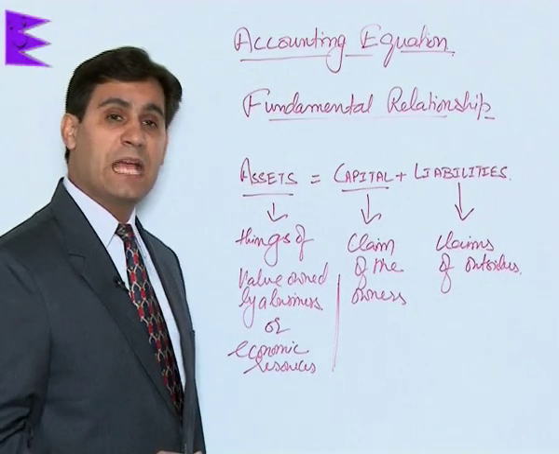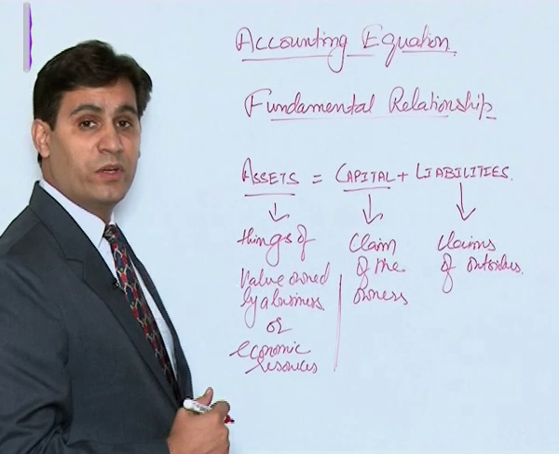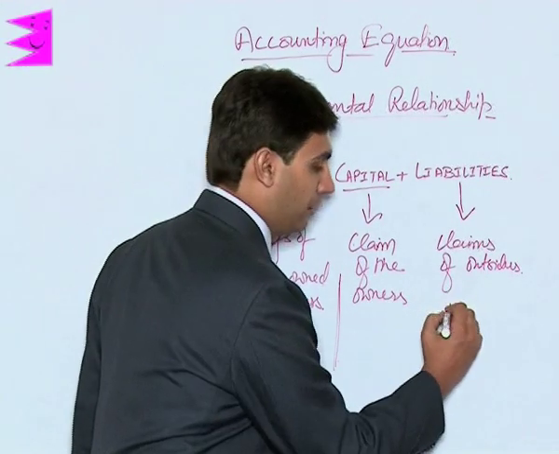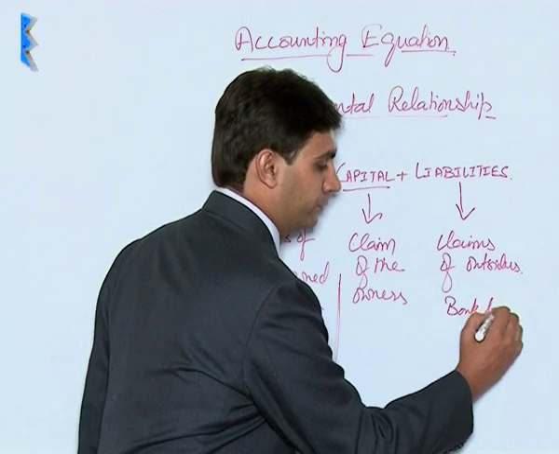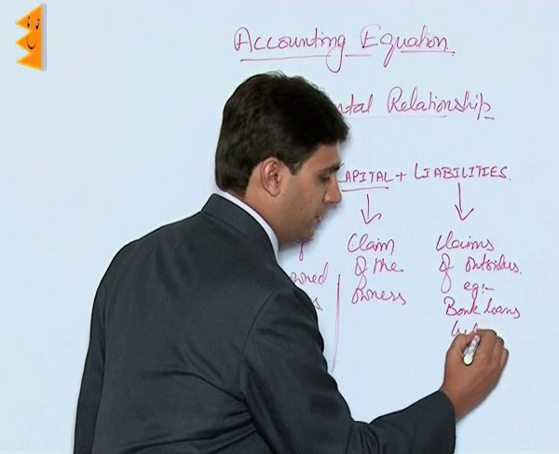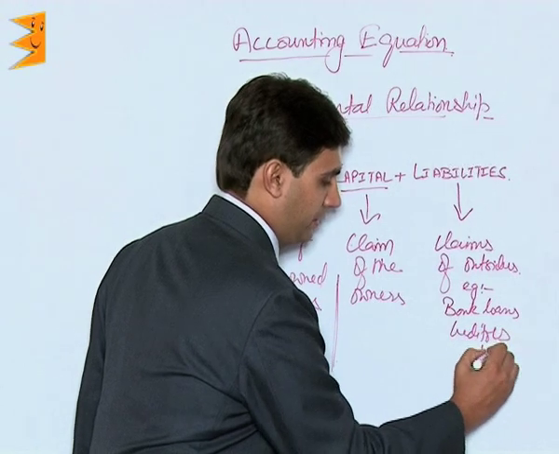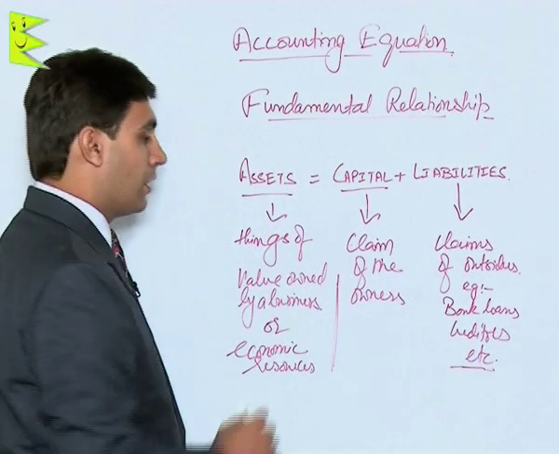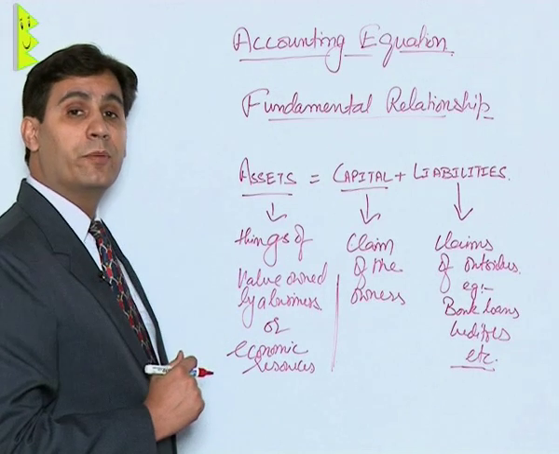Now, let us take some examples. Liabilities are claims of outsiders, so they include bank loans, creditors, etc. Assets, they are economic resources.